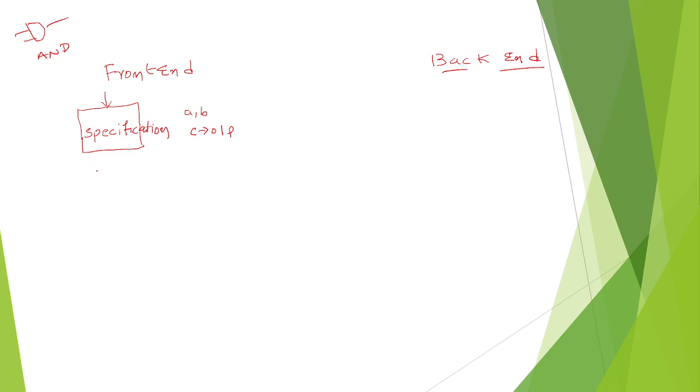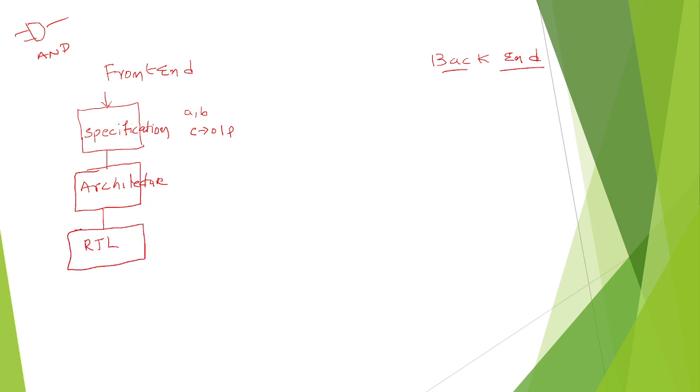But actually these are the basic gates, already they are designed. So we can take directly either RAM or ROM chips or AND gates. So these are already predefined. So then we need to design an architecture for that AND gate. Then we need to write the RTL code for that.